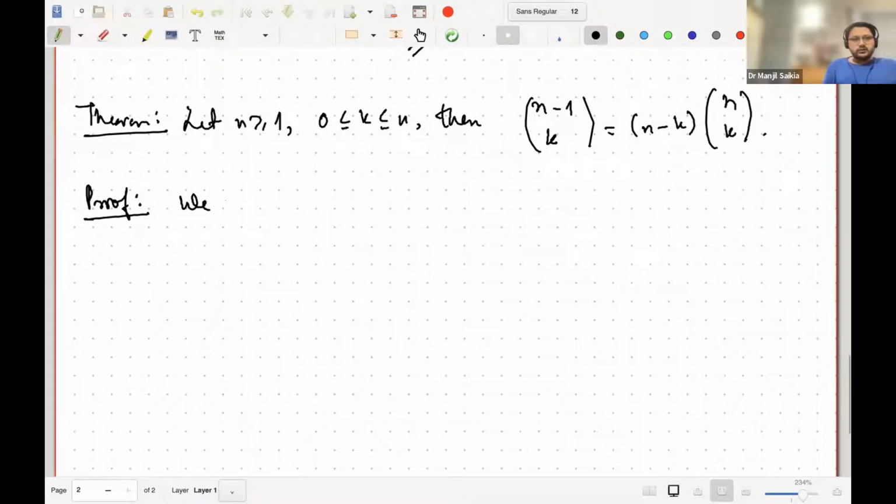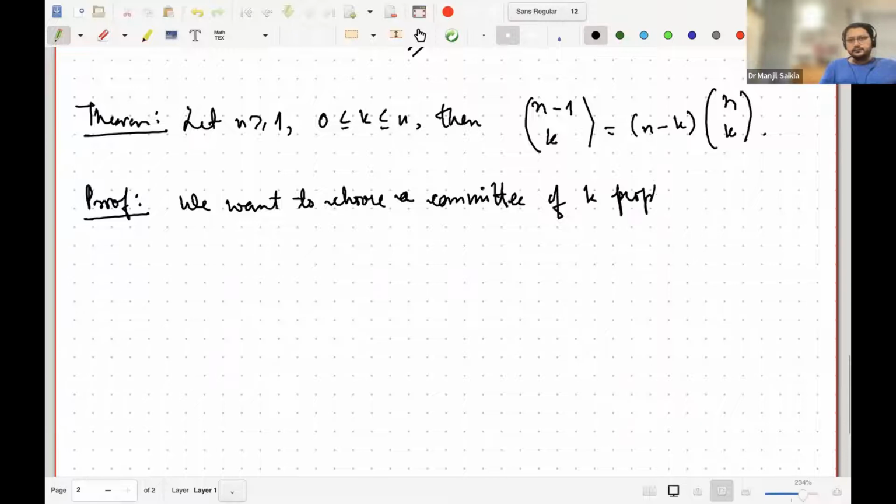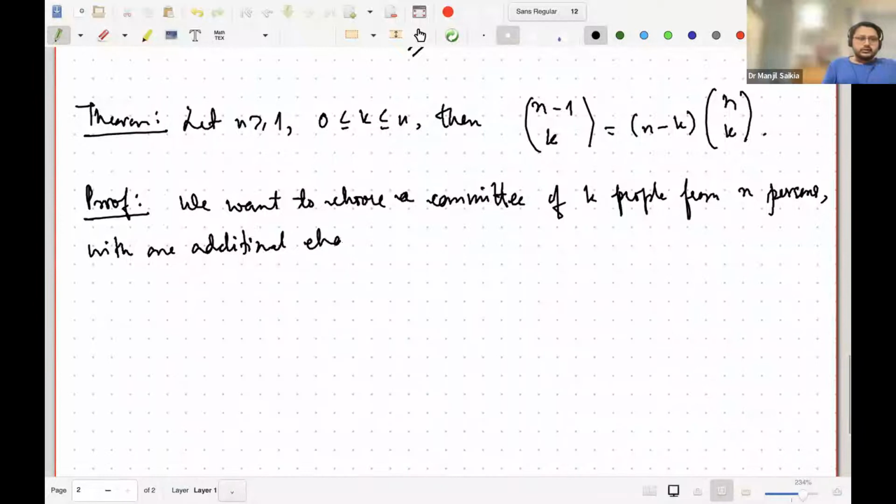So we want to choose a committee of k people from n persons with one additional chair from the rest. Okay.